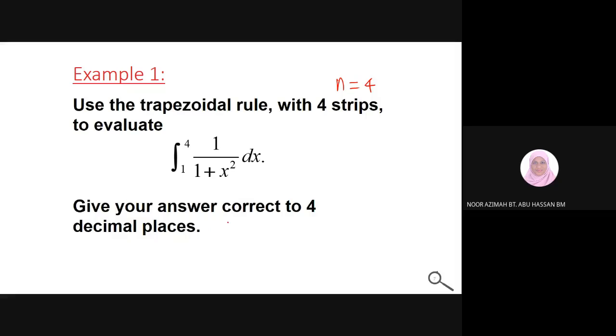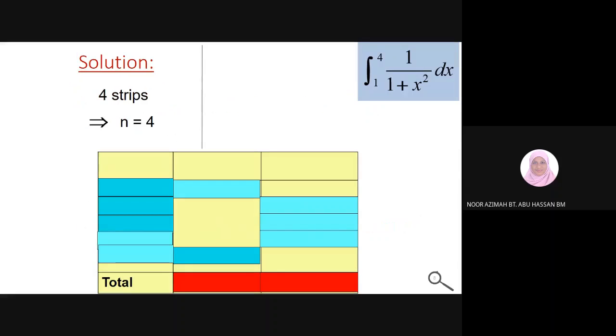Remember, if the question is asking for 4 decimal places, in your working you must show more, that is 5 decimal places. Final answer, according to the question, 4 decimal places, but the solution must be 5. So for the solution part, during the trapezoidal rule, the easiest way for you to calculate each value of y is to do a table like this. If not, it will be very tedious.